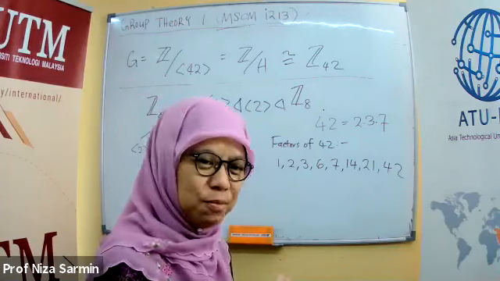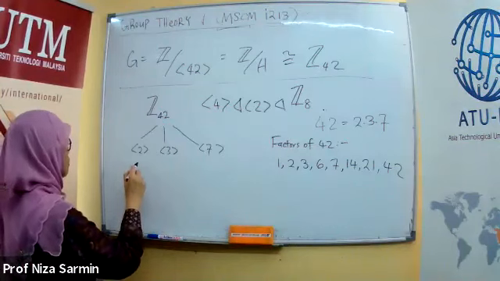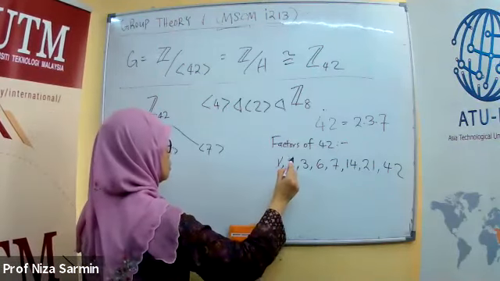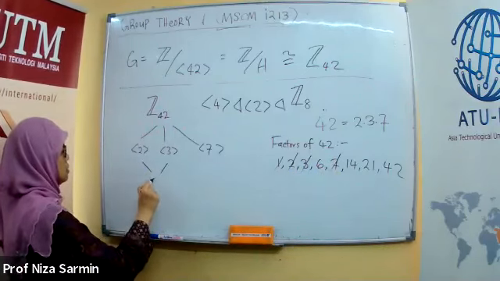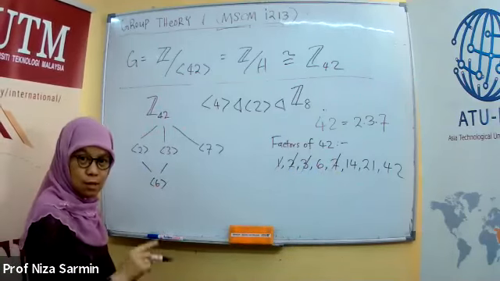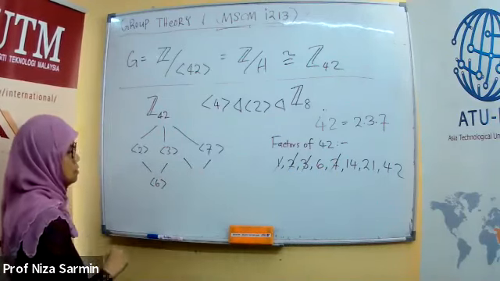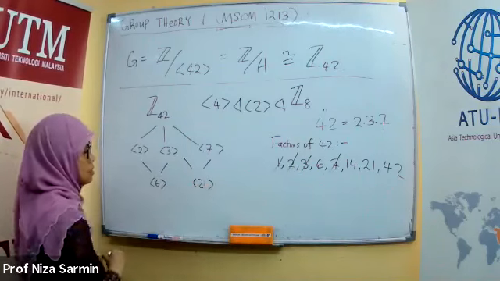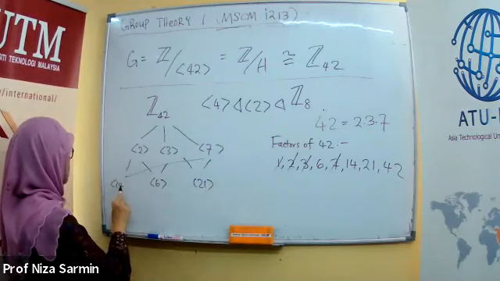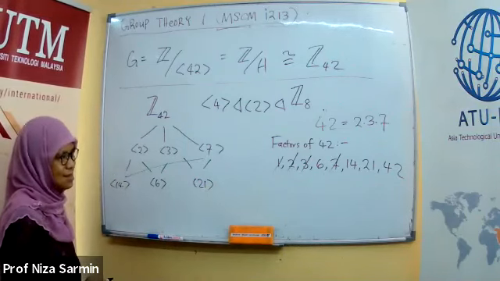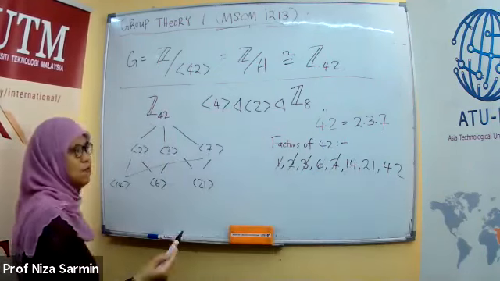Now the next subgroup is the one with this order. So you have 1, 2, 3, 7. Now 6 contains this one, and 7 contains this one. But you also have 14, a combination. And then 42.